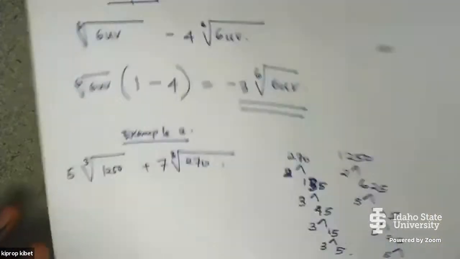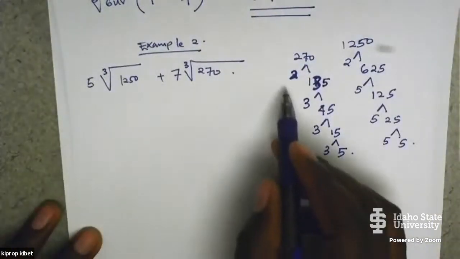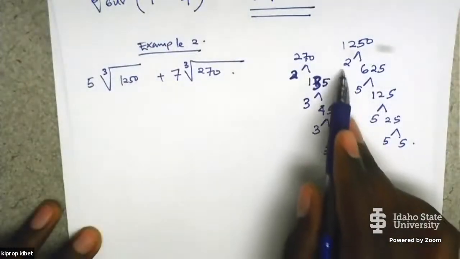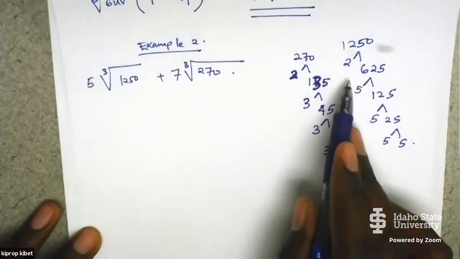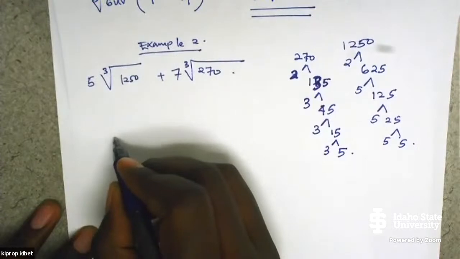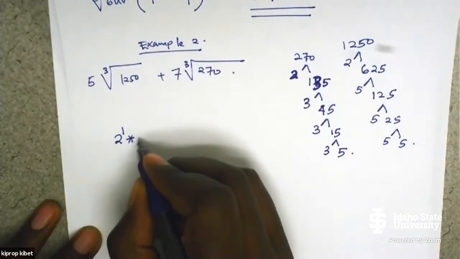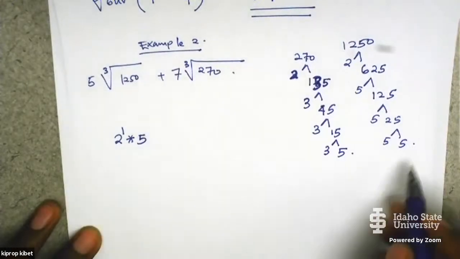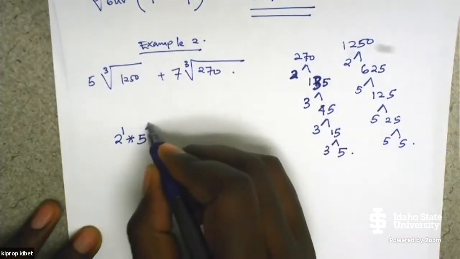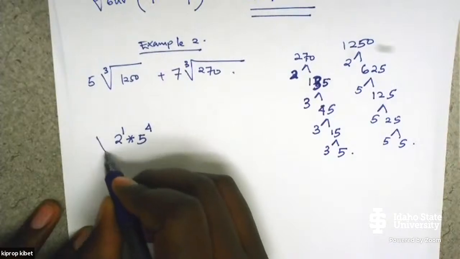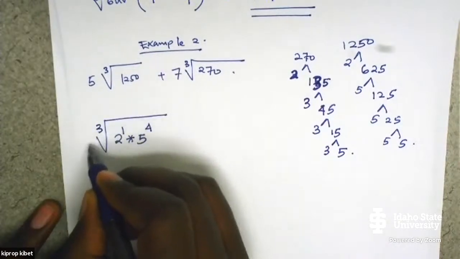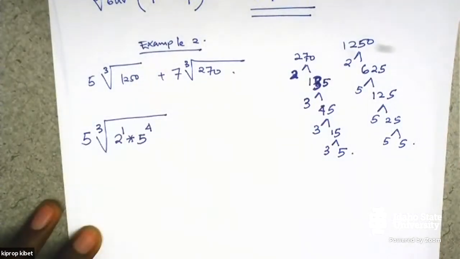So here, for 1250, you have how many 2s? We have 1 two, multiplied by how many 5s? 4 fives. Remember, there's a 5 outside there.